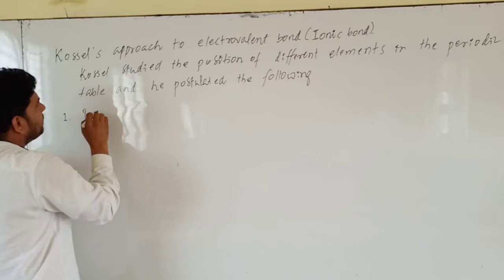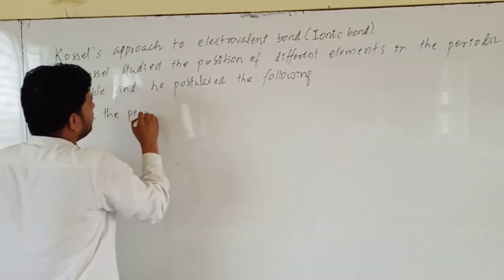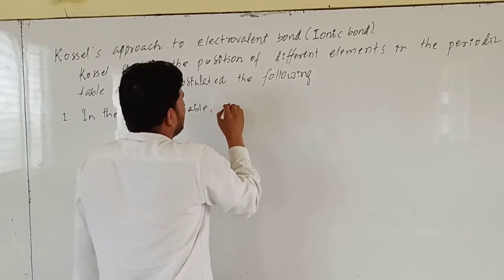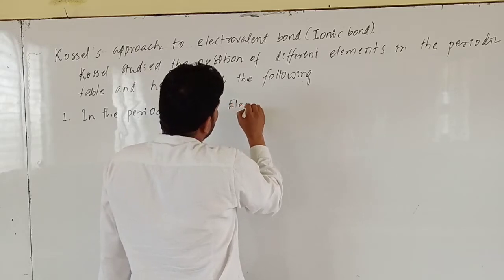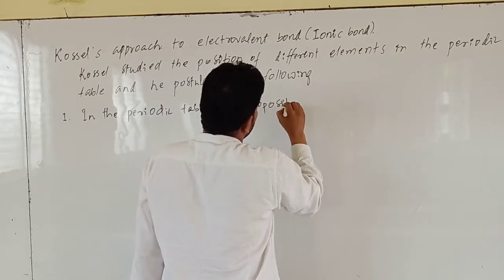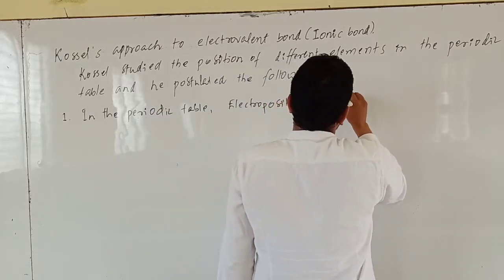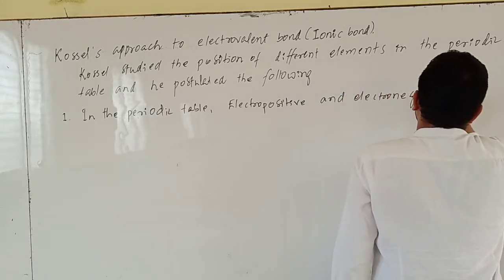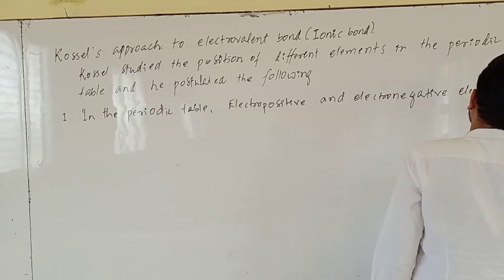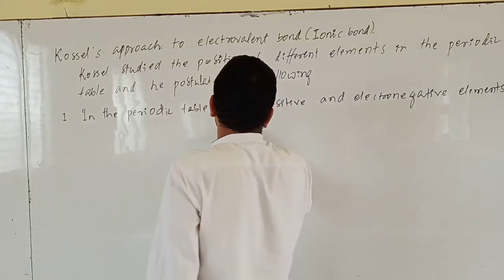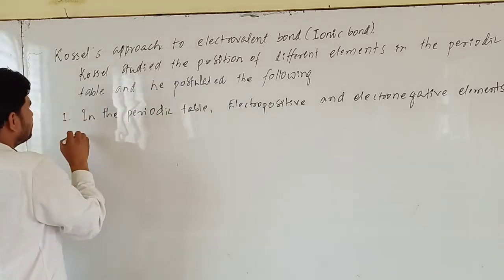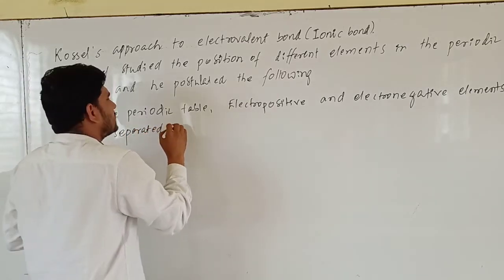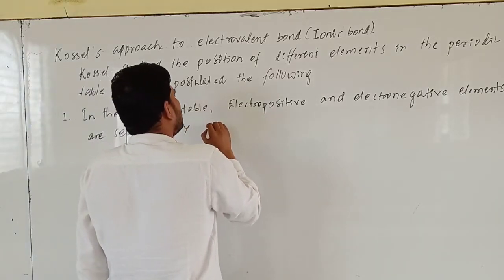In the periodic table, highly electropositive and highly electronegative elements are separated by noble gases.